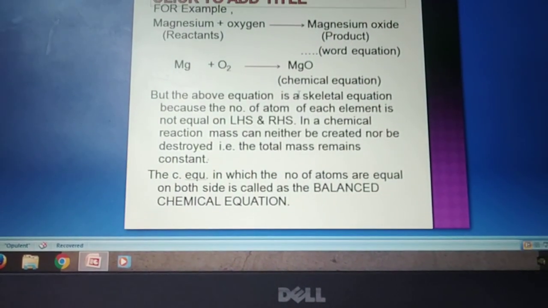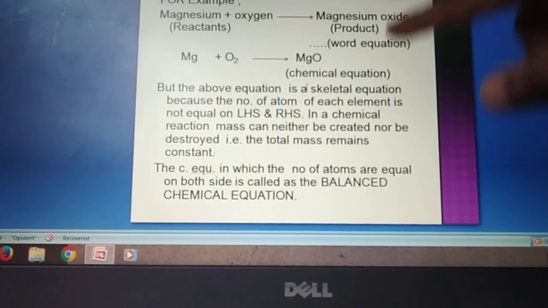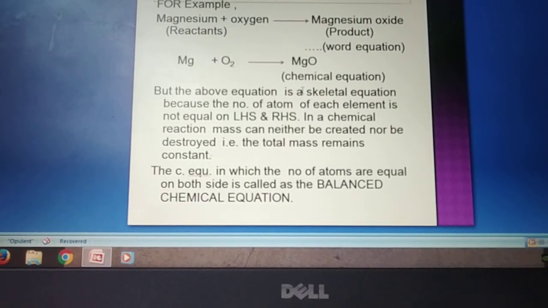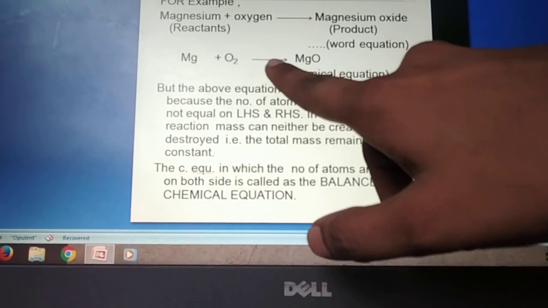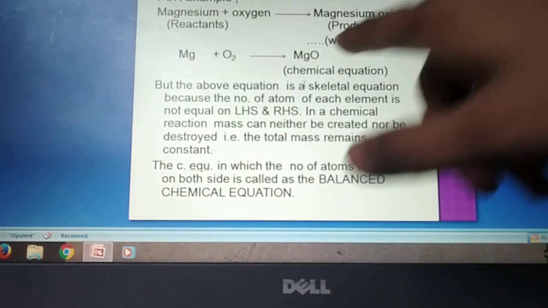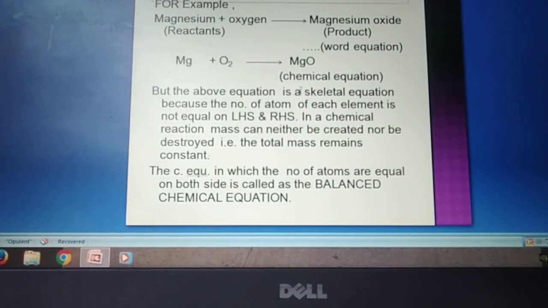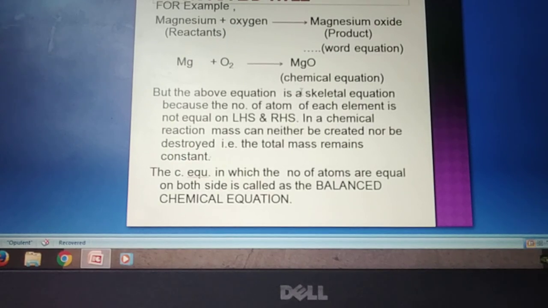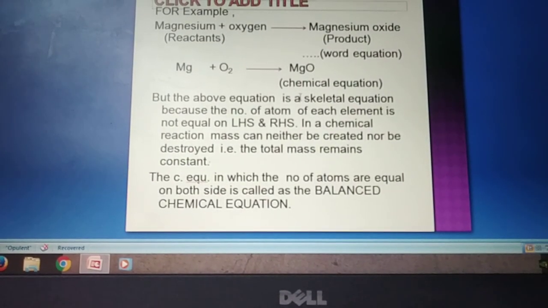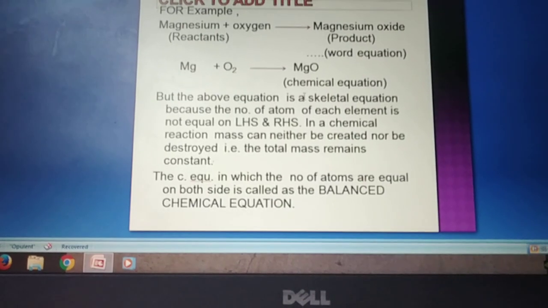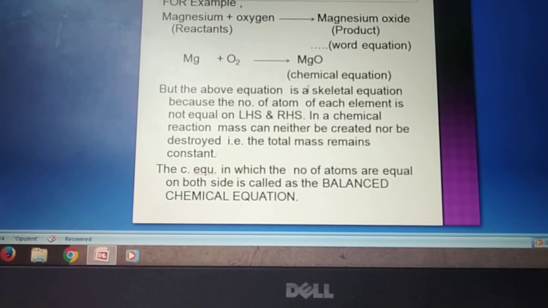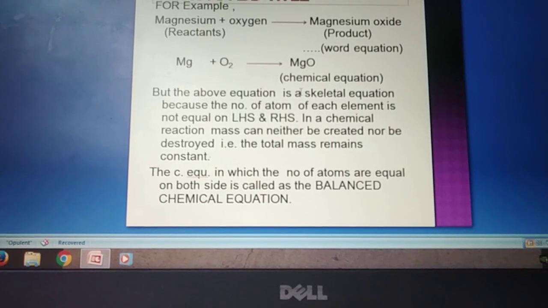And in the second equation, I have used Mg for magnesium, that is the atomic symbol of magnesium, and O2, the symbol of oxygen, gives us, this arrow is called "gives us", magnesium oxide. Still, this equation is not a complete chemical equation. Though it is a chemical equation, a complete chemical equation is one which gives us a lot of information.